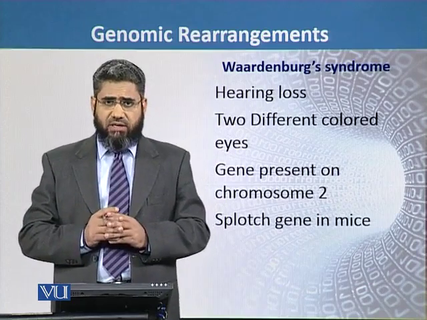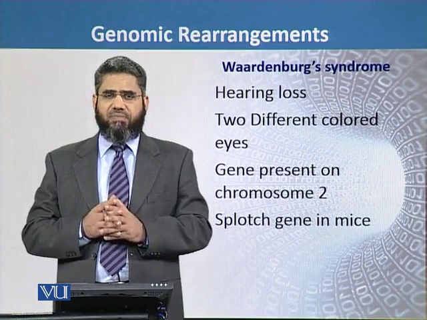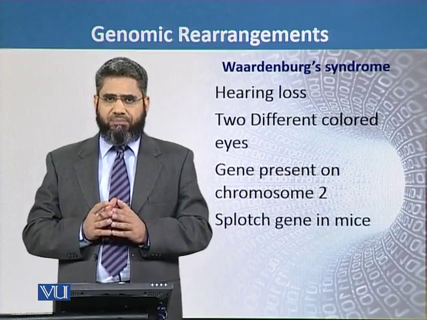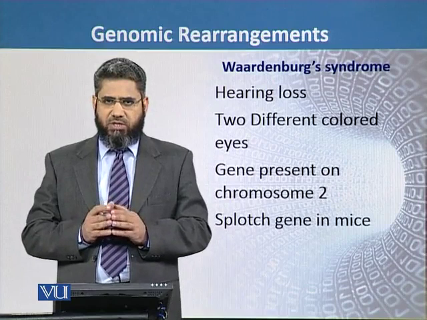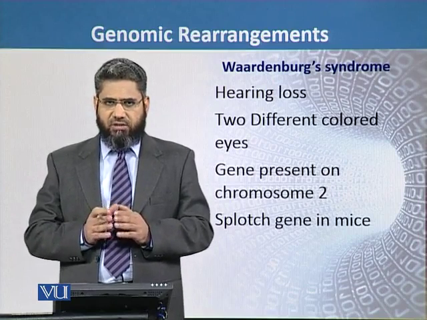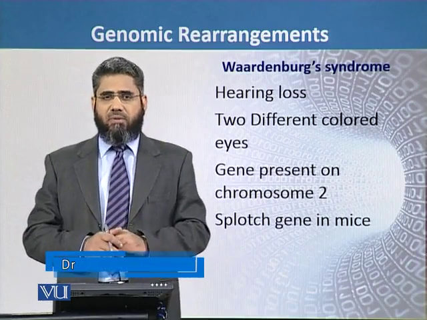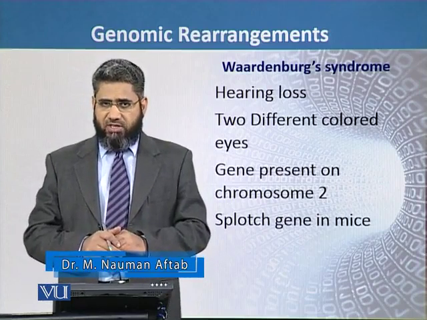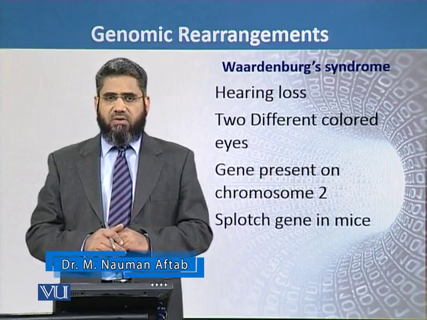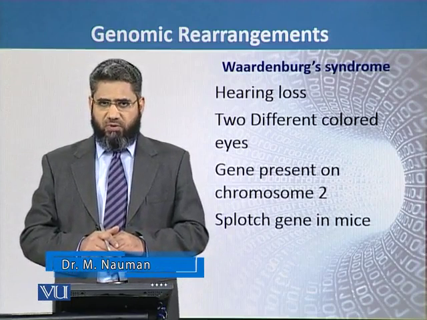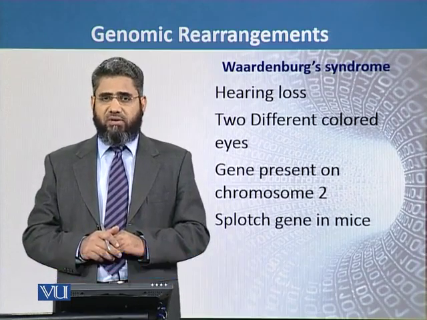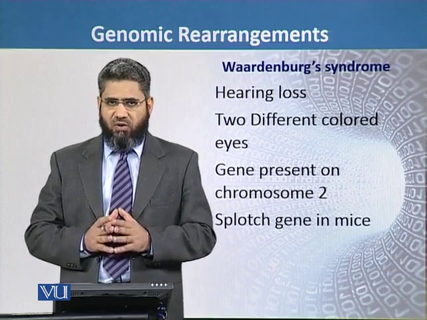By 1990, many biologists performed many experiments to find the location of the gene that causes Waardenburg syndrome. They concluded that this gene is located somewhere on chromosome number 2, but they could not identify its exact location.